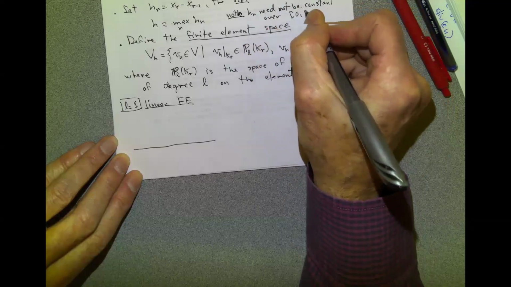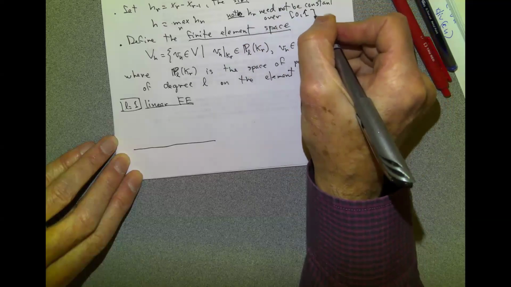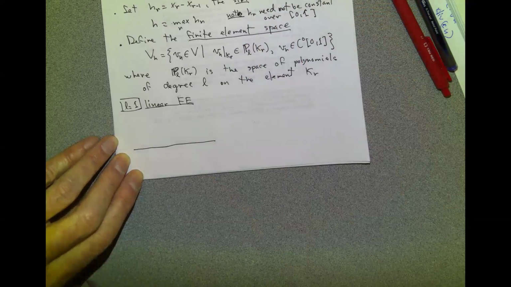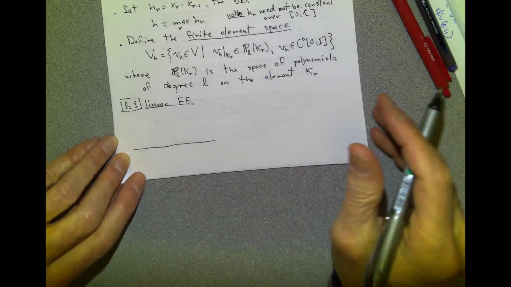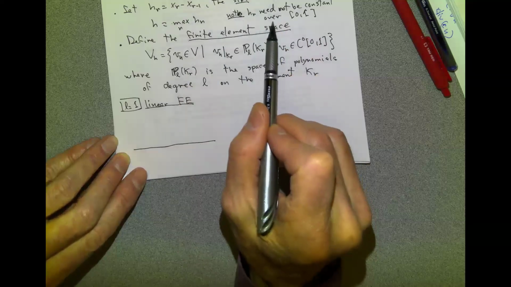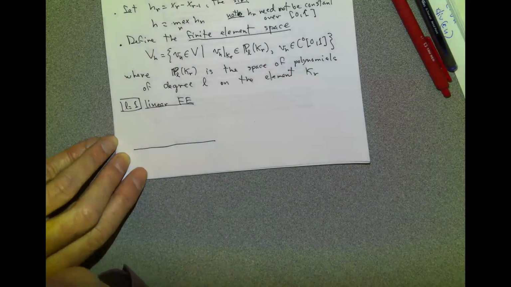So I can use smaller values of HR where the function has large variation and larger elements where there is less variation in the function. That's a slight deviation from what we did with finite difference. But when HR is constant, there is some expectation that we will eventually recover the finite difference method. Okay, so we'll see that.